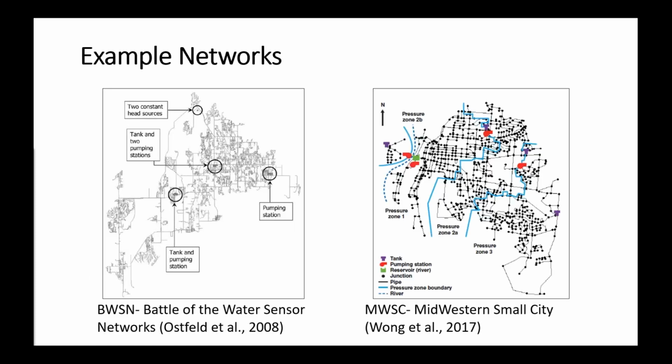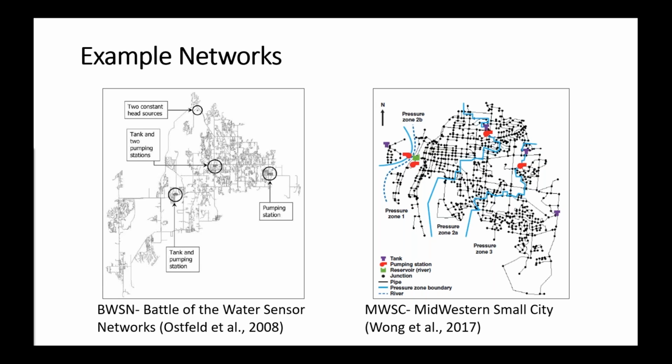These are my 2 example networks. The first one on the left side of your screen is from a project called Battle of the Water Sensor Networks, which has an associated paper published with it in 2008. So that system serves about 250,000 people, and it has a number of tanks and pumping stations throughout.